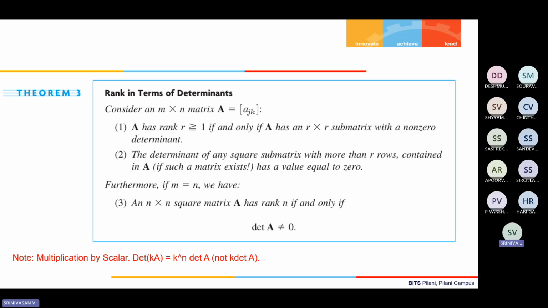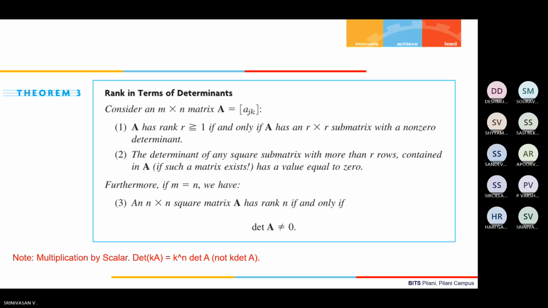Suppose you have determinant of A equal to 0, and of course A is of order 3 by 3. Its determinant is 0, so one thing is very clear: the rank is not 3.